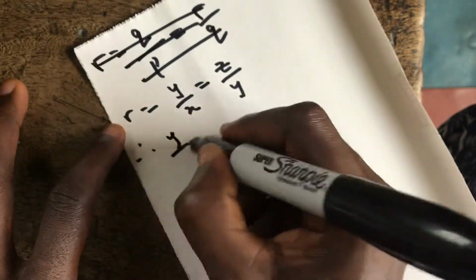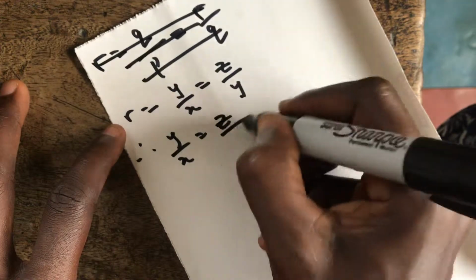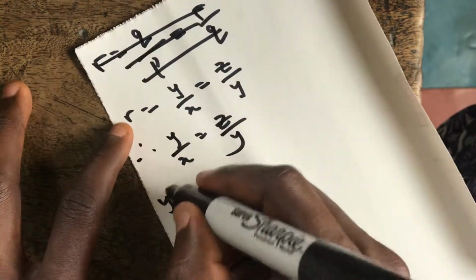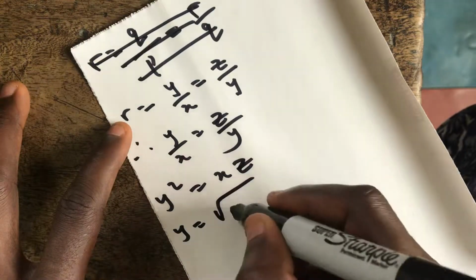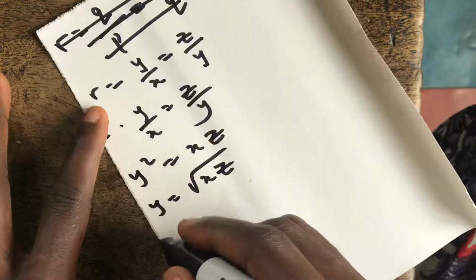Therefore, Y over X is equal to Z over Y. And this means Y squared is XZ, which means Y is equal to the square root of XZ.